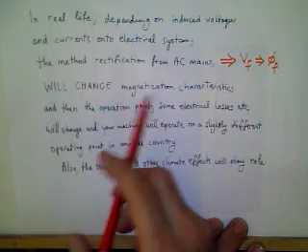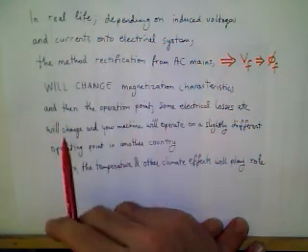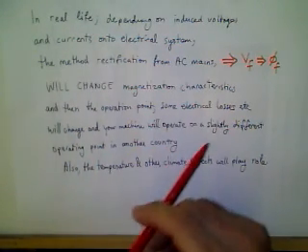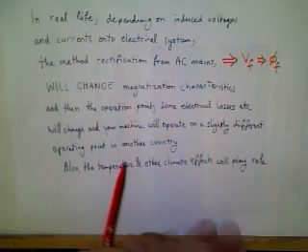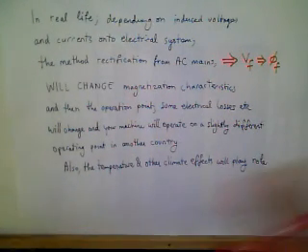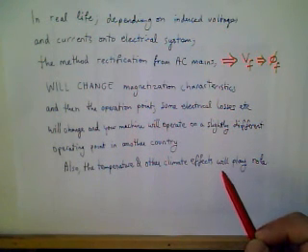This will change magnetization characteristics, and then the operating point, and some electrical losses will slightly change, and your machine will operate at a slightly different operating point in another country. But we cannot determine how much deviation will occur. Also, the temperature and other climate effects will play a role as well.